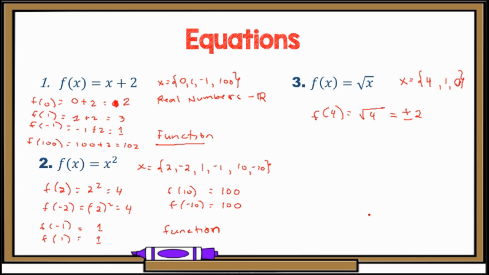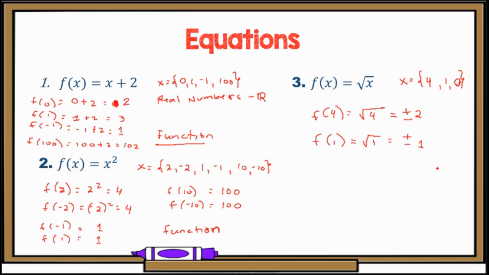You will get two different outputs. One is positive and the other is negative. Same is true for 1. So the square root of 1 is positive 1 and negative 1.